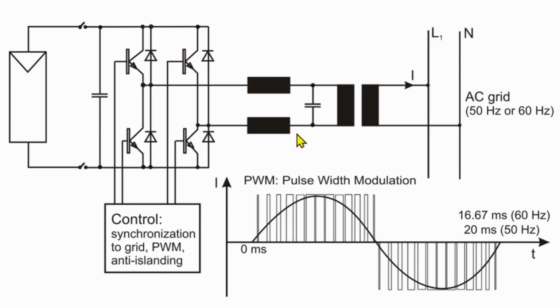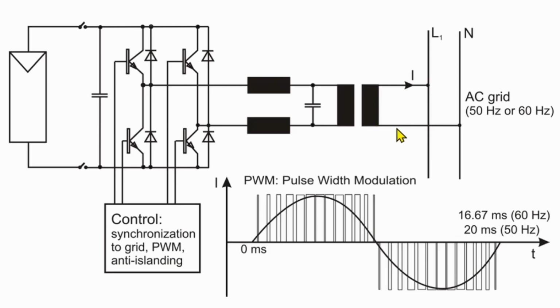You do some smoothing, that's done here by some inductance and capacitance. And here you have a transformer; depending on the voltage that you apply here, you feed into the grid. While this transformer is quite costly, during the last years it was substituted, so they work directly with connection to the grid, so-called transformer-less configurations, or they create high frequency here, and then, instead of using a large heavy iron transformer, you can use a ferrite transformer, which is really small and less costly than a big transformer.